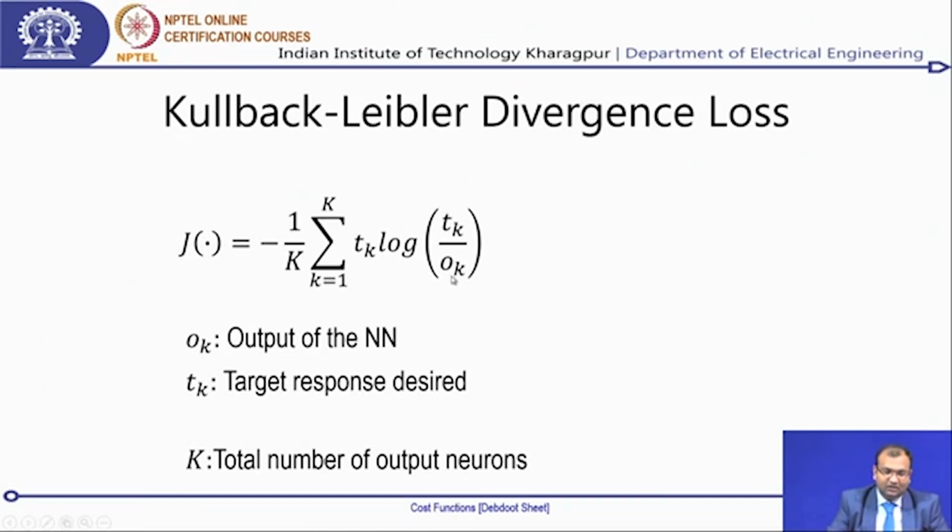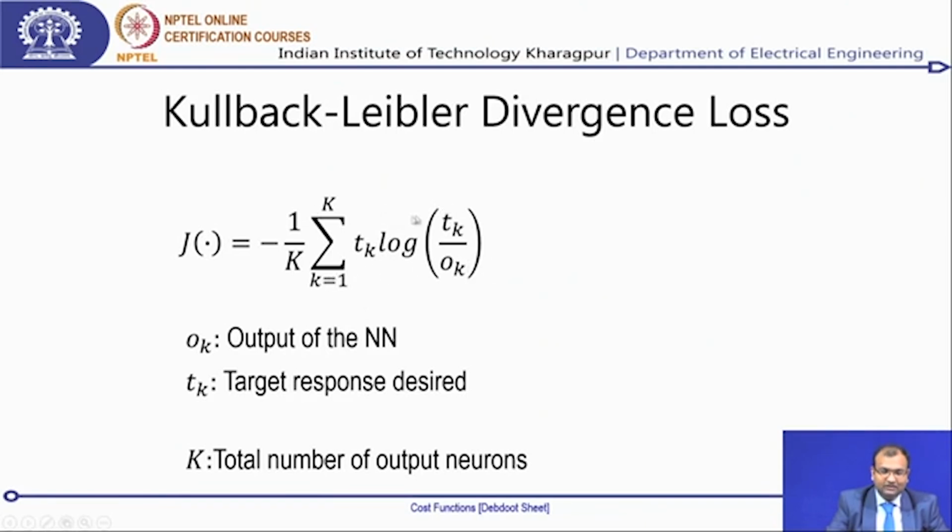And here one thing which generally is mandated is that OK and TK also need to be in the range of 0 to 1. It is not very strictly imposed in terms of this equation, but since Kullback-Leibler divergence is an information theoretic one, we would prefer to still treat OK and TK as probabilities, in the range of 0 to 1. So, this typically goes into that form.